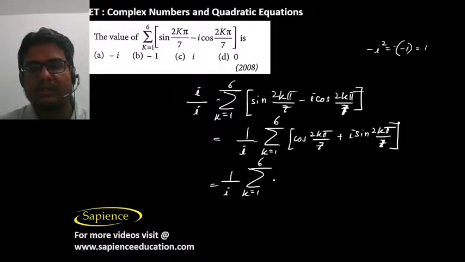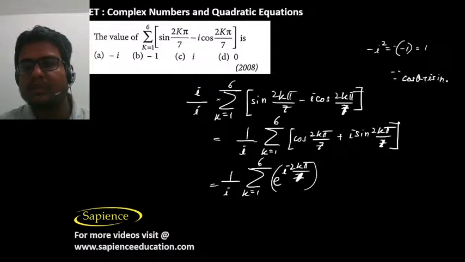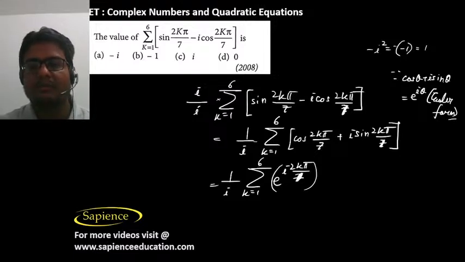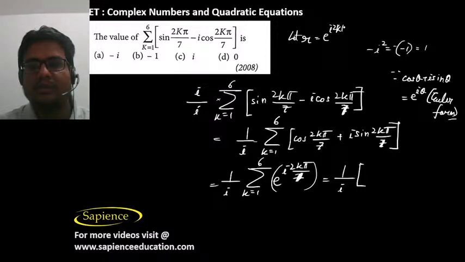So this we can write as e power i 2k pi by 7. Since we know that cos theta plus i sine theta can be written as e power i theta, which is called the Euler form of writing a complex number. So let r be equal to e power i 2 pi by 7.